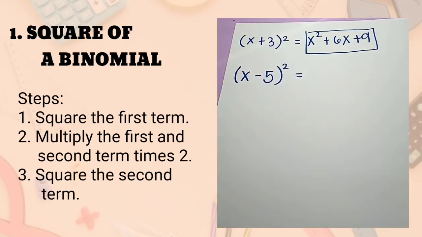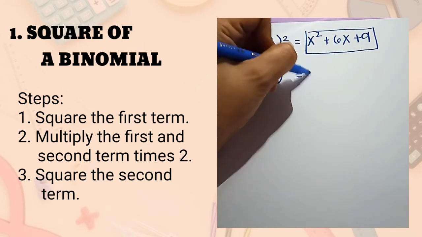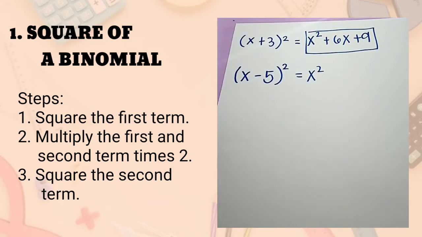Let's have another example. The quantity x minus 5 squared. Sundin natin ang steps in square of a binomial. Una ay square natin yung first term. So, x magiging x squared. Pangalawa ay i-multiply natin yung first term at yung second term.